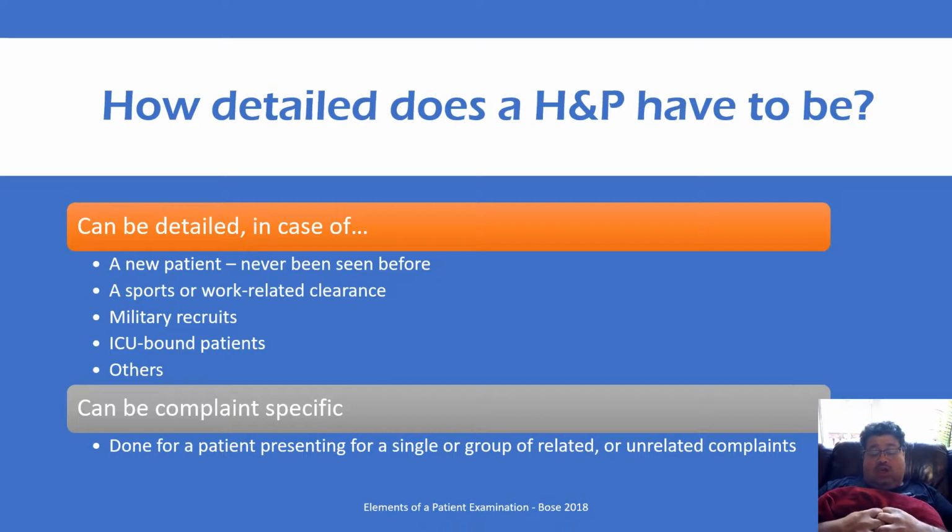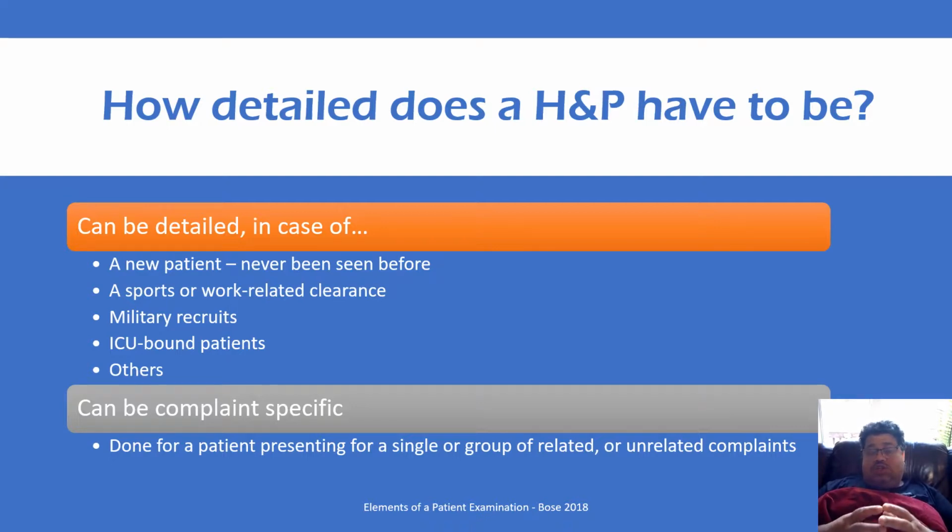In case of sports physicals or work-related clearance for people to go back to work after injuries, the history and physical needs to be detailed. Same for military recruits, and definitely not explicitly stated here, another case that needs a pretty detailed examination are the ones who are in the intensive care units.